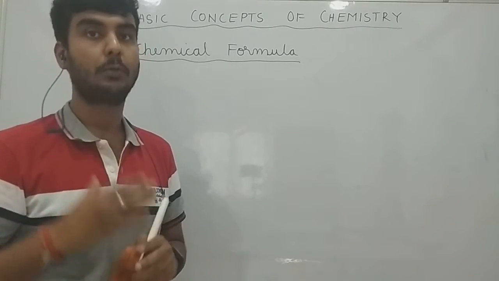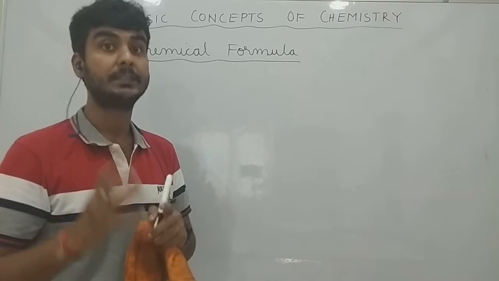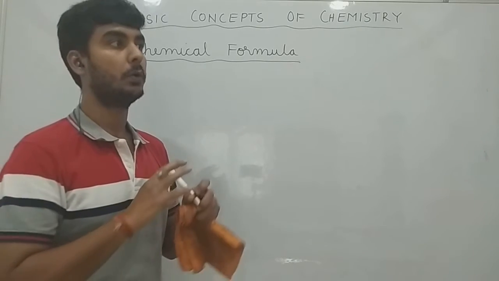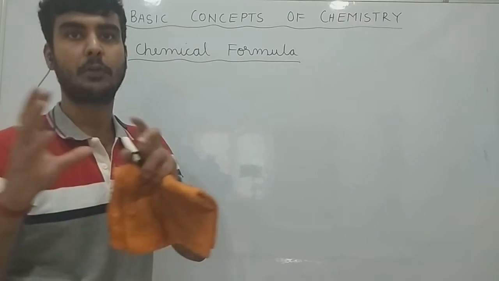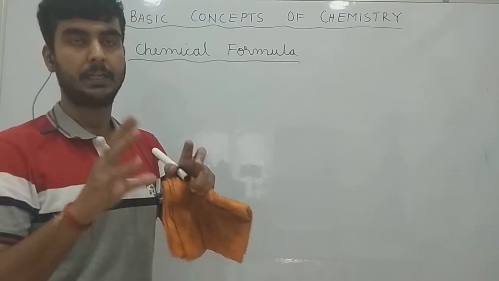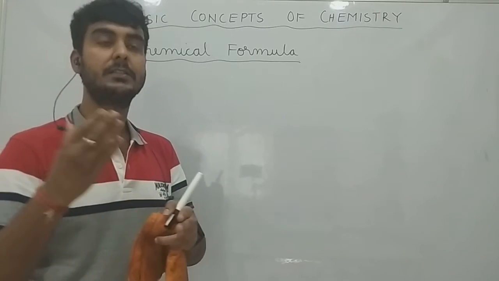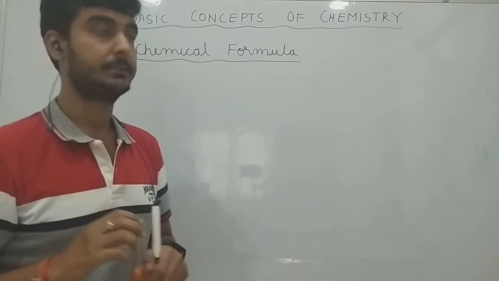A chemical formula is a combination of symbols of elements which represent one molecule of a substance. So basically there will be symbols of various elements in a chemical formula which will show that the substance is made up of what all elements.